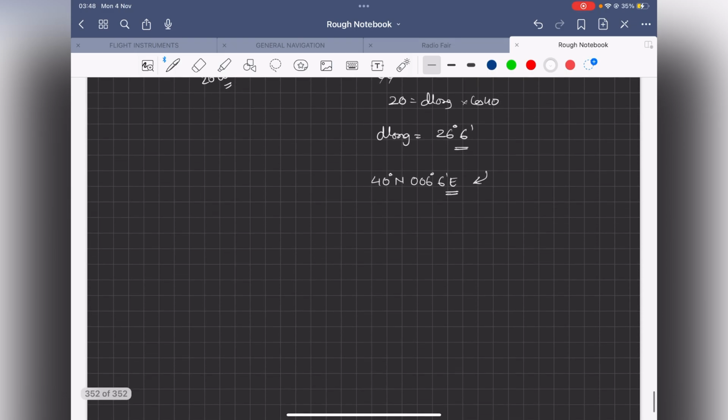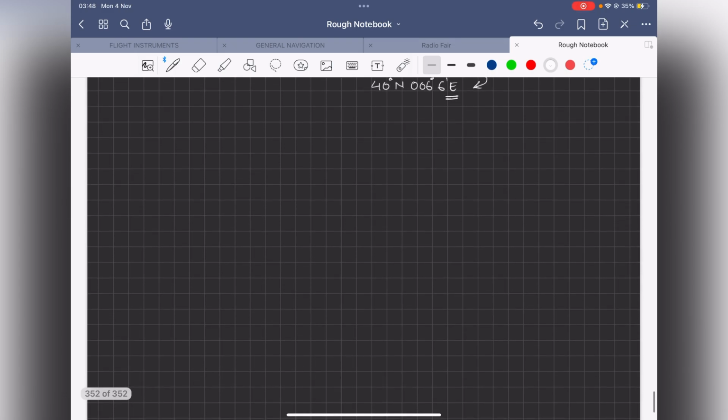Now, let's look at another model. It's essentially the same model, just adding a layer of complexity to it. So, the question says, we are flying from a point which is 20 degrees north and 020 degrees east.